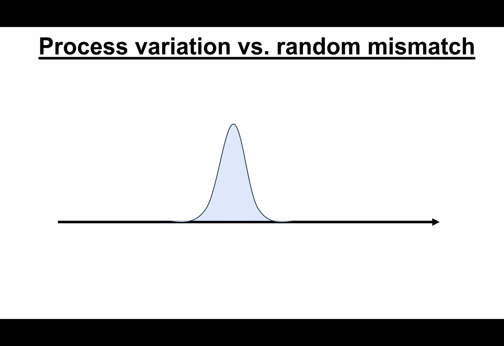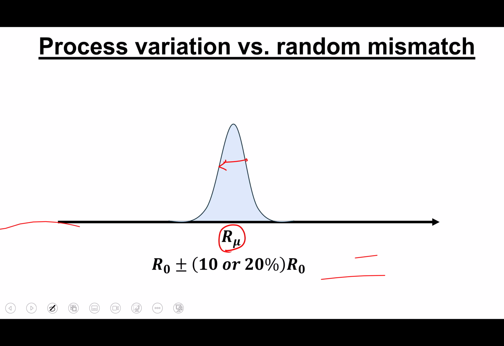Now, just to summarize, remember, if I take resistors, in a single chip the resistor will have a particular mean and will have a spread around that mean, and this mean itself can vary from chip to chip. This mean itself can vary from a nominal value, let us say plus or minus 10 to 20% of that.